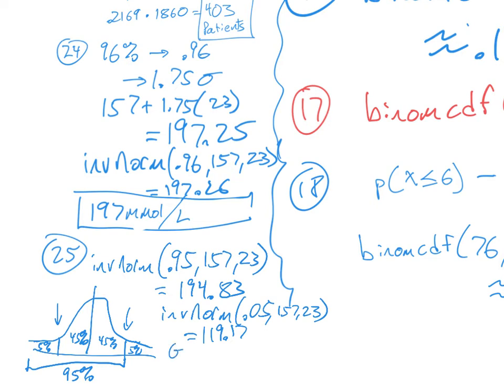All right, so here we have glucose levels between 119.17 and 194.83.